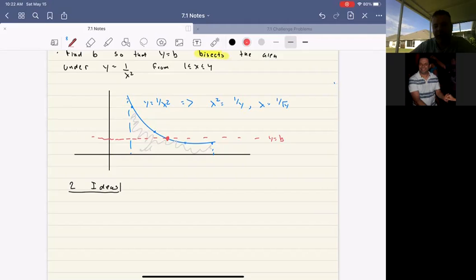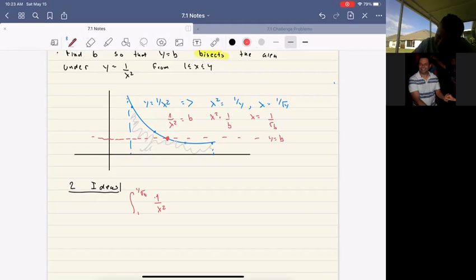Okay, so if this is y equals b, that means 1 over x squared equals b, right? So we have x squared is 1 over b, x is 1 over root b. So we could take the integral from 1 to 1 over root b of 1 over x squared dx.